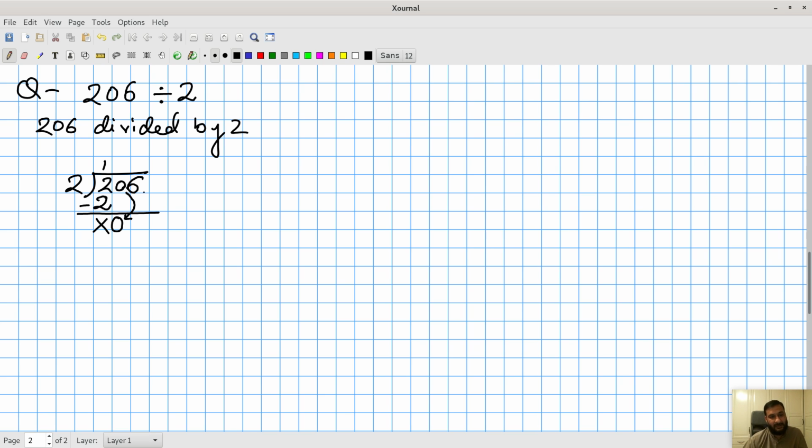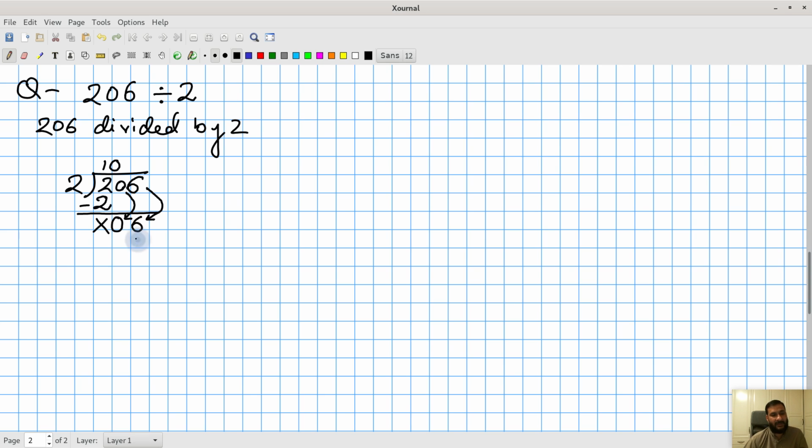That means we should check if we have more digits here, and we have. But then we need to bring it down out of its turn. That means we can do it right here. But to be able to do that, we are only allowed to do that if we put a 0 here in the quotient section or the answer section first, and then we bring this down here, right?